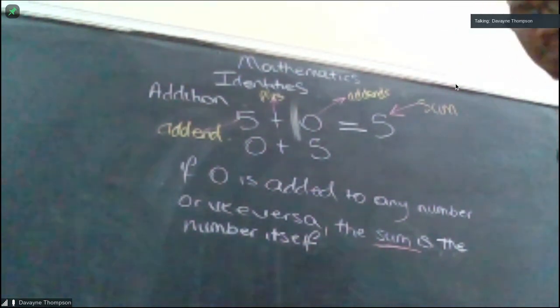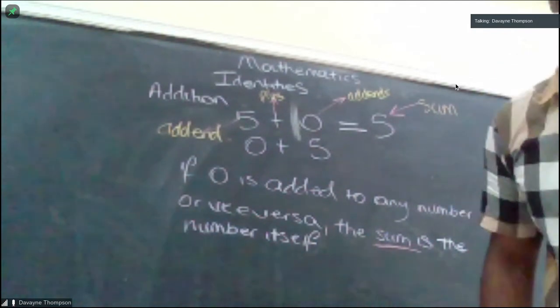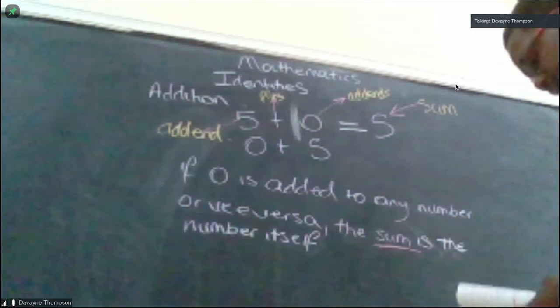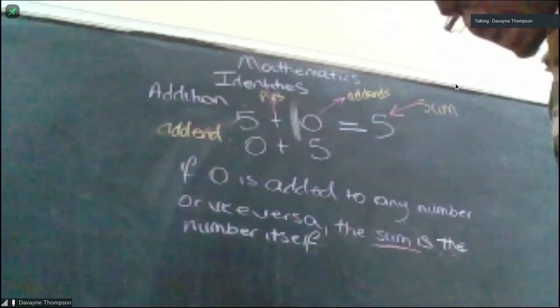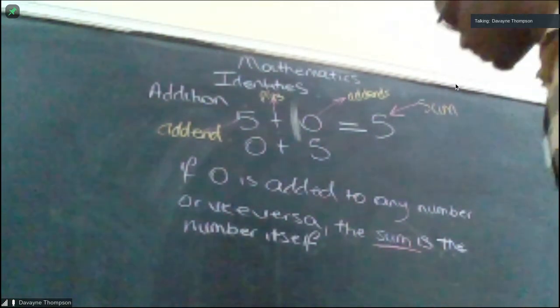So if, for example, you get a question on the exam that says what is the identity for addition, therefore you can say 0 is the identity for addition of numbers.